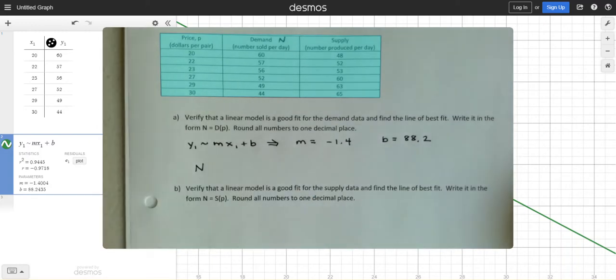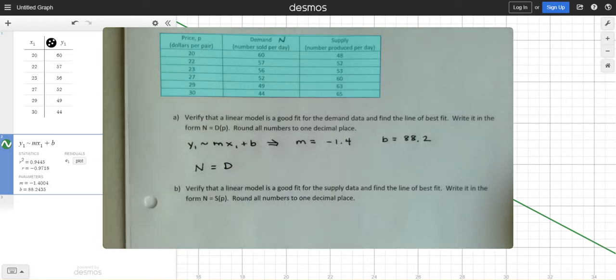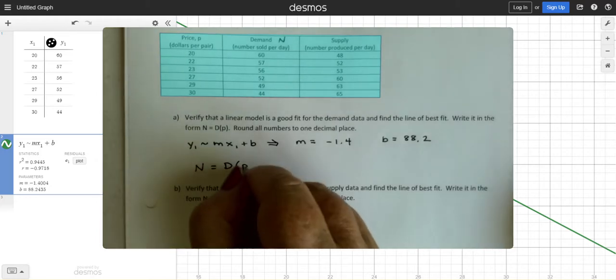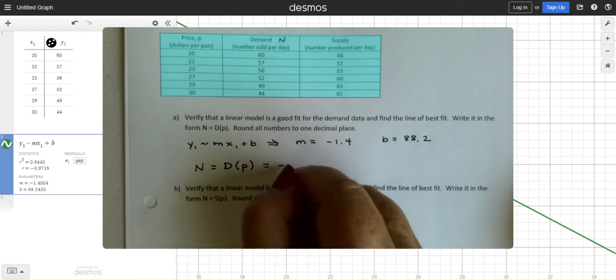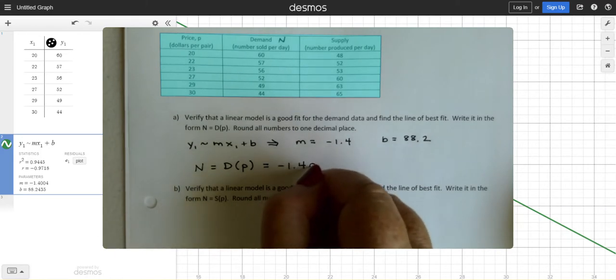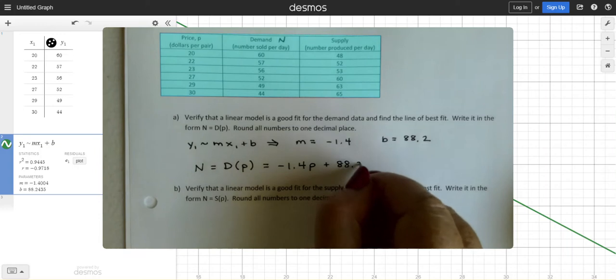So n, the number sold, is a function, whose name this time is d for demand, of price p. And that will be negative 1.4 times the input, p, plus 88.2.